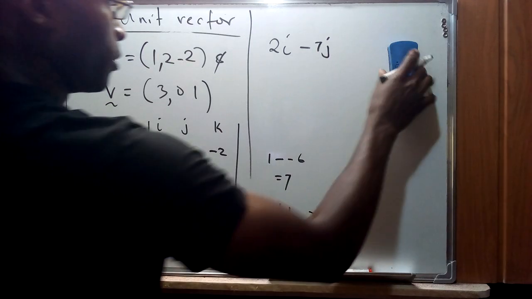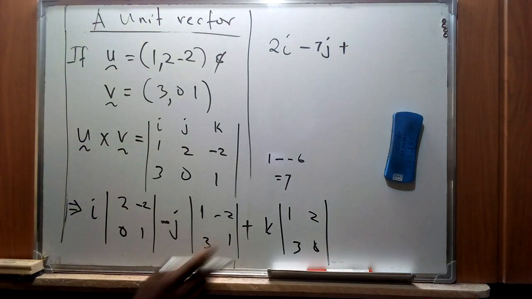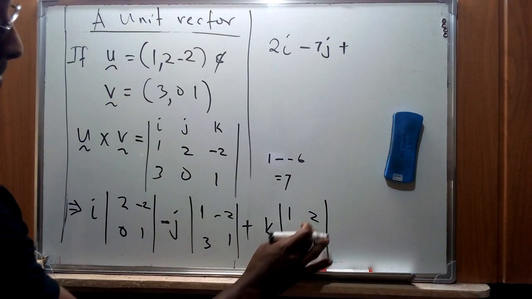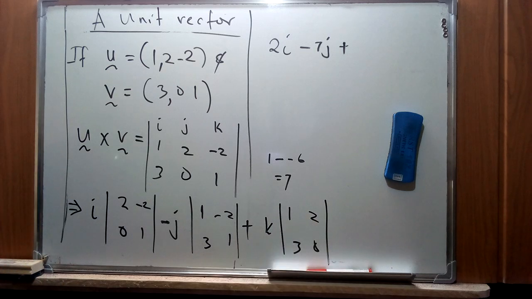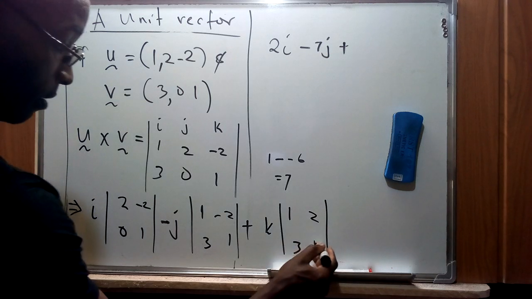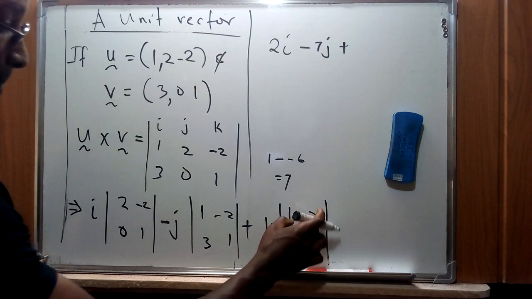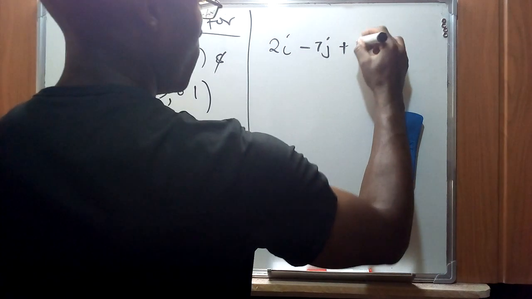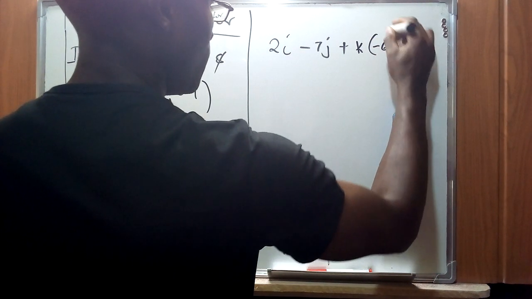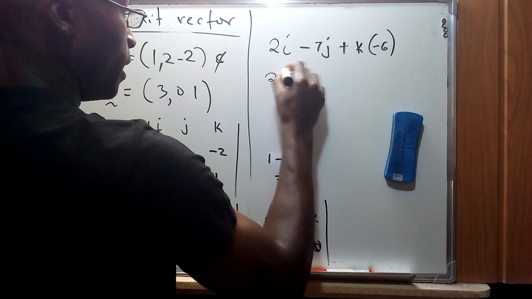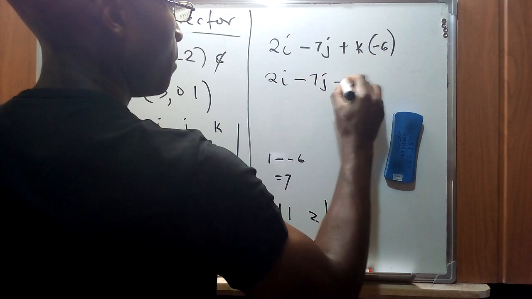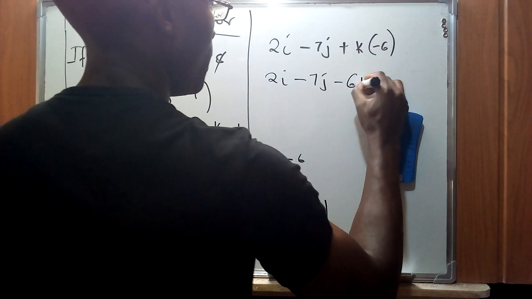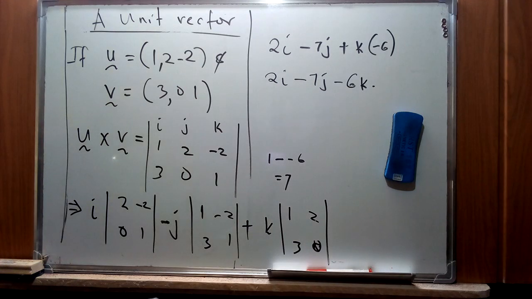And then lastly, we have plus 0 minus 6, so it's going to be k times -6. Therefore it's going to be 2i minus 7j minus 6k.